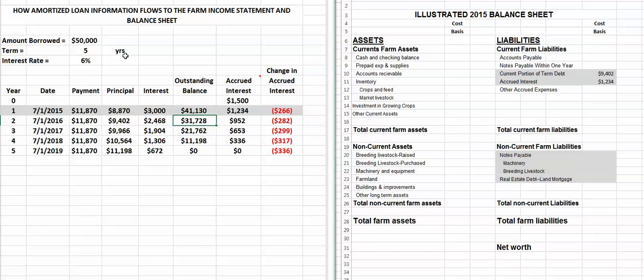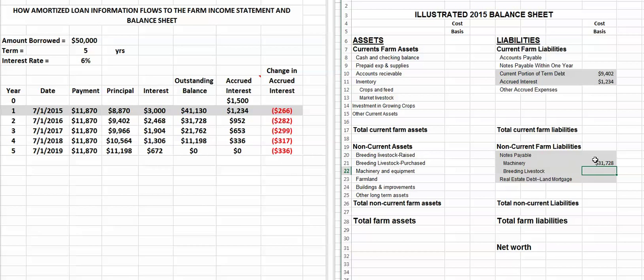So let's just suppose for a moment that this loan is on machinery. When you come down here under non-current liability, say for machinery right here, what would go there is that loan balance at the end of next year, because that's how much of that loan is due after the next year's current principal payment. Now, if that doesn't make sense, I would encourage you to hit rewind, back up, and listen to that again.